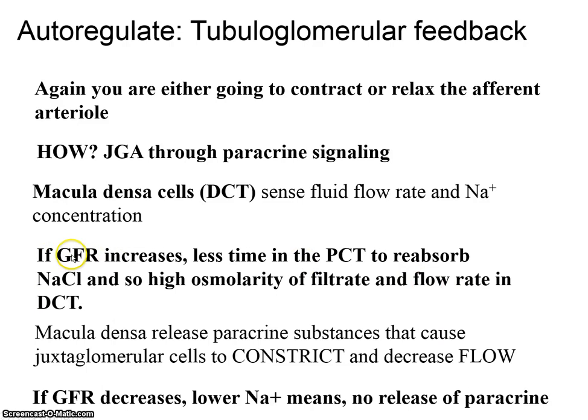Because this is the push. So macula densa will release paracrine substances that cause the juxtaglomerular cells, those ones that are surrounding the afferent arteriole, to constrict and decrease flow. If glomerular filtration rate decreases, there is lower sodium, and that means no release of paracrine, and so we stay relaxed and dilated as an afferent arteriole.